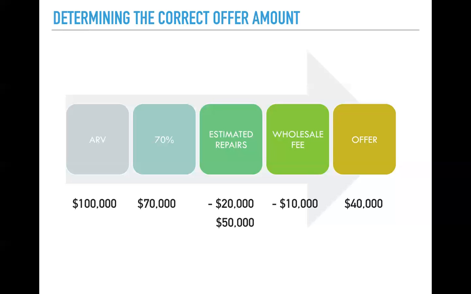Can they close in 21 days? Can they move that quickly? Just stress that you are a local investor, or that you're working for a local investor, and that this will be an all cash offer. Also get any information you can from that agent about repairs and things like that.